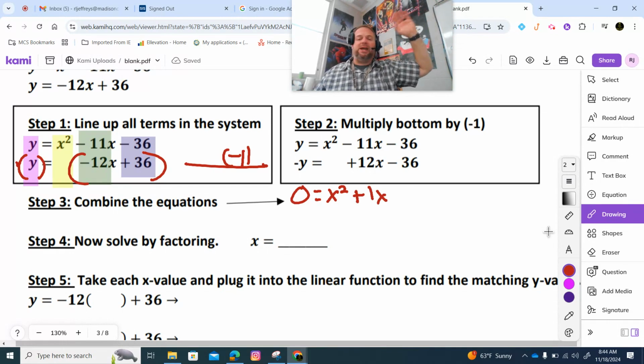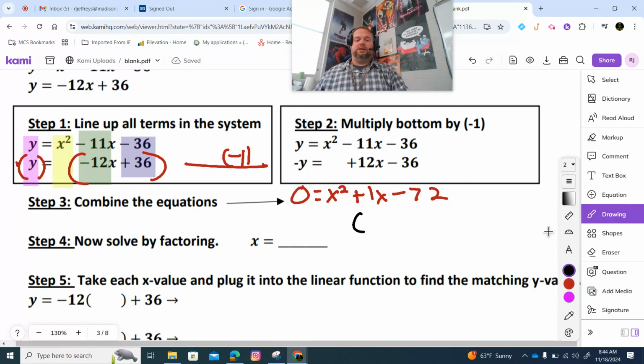You can write plus 1x or whatever. Minus 36 minus 36. It is negative 72. Now, it would have been 0 if this would have been a positive, because I would have done the same thing.